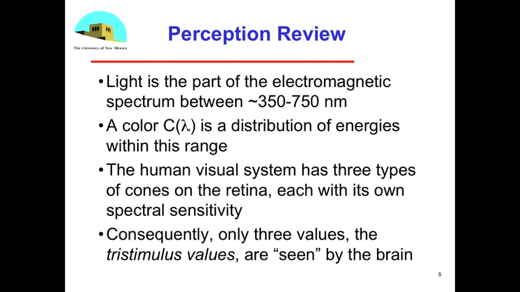We know that colors in the middle, around 600, 650, we see as greens, and reds and blues are on either end, but a real color is a mixture of all of these different frequencies. What we said before is the reason that RGB works well, with only three colors, is that our visual system has only three types of cones, and each one is sensitive to a different region within the visible spectrum.